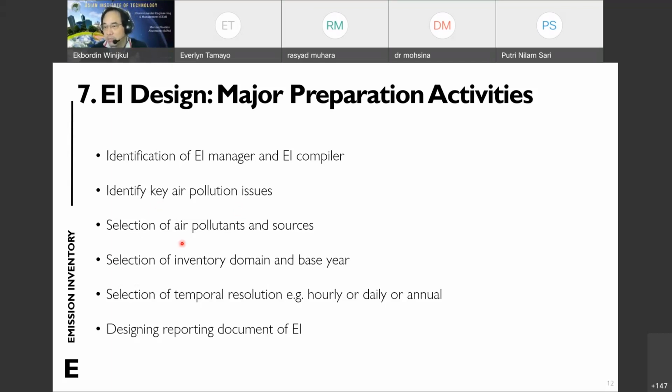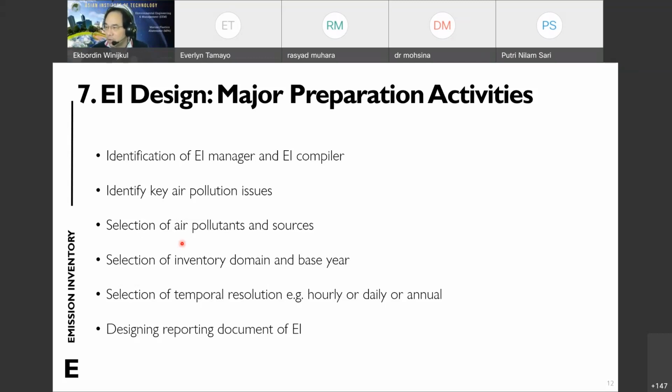In this case, it is going to be particulate matter, both primary and maybe secondary. And as we discussed earlier, secondary particulate matter cannot be identified by the emission inventory, but we can use other pollutants that are the precursors for secondary particulate matter and include those precursors in our emission inventory.